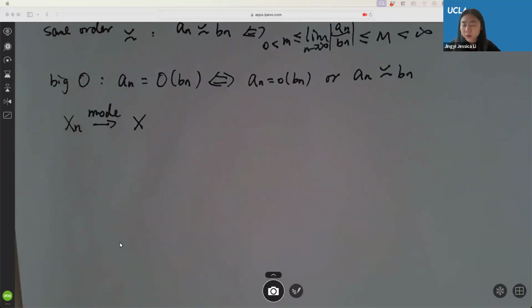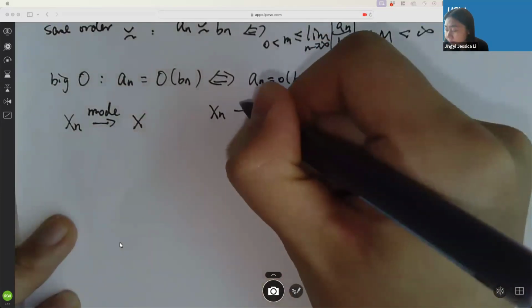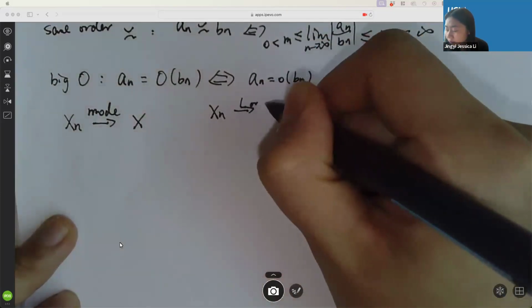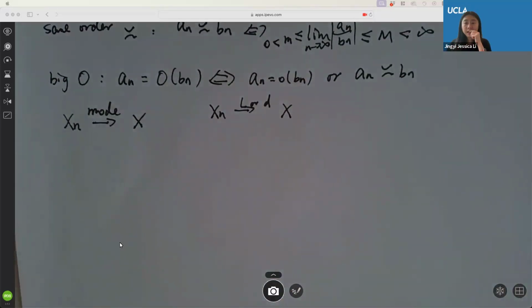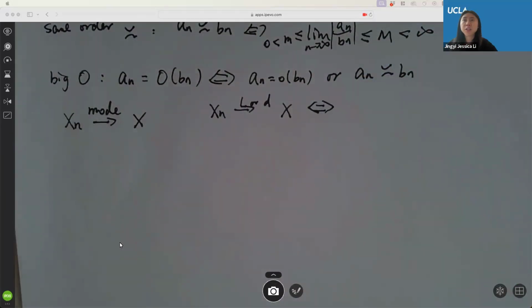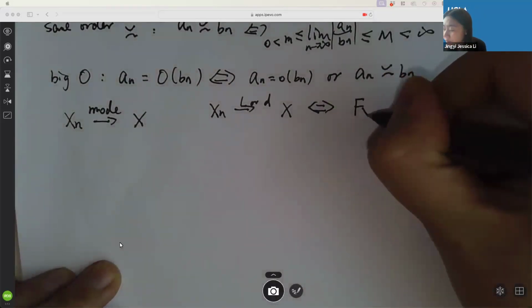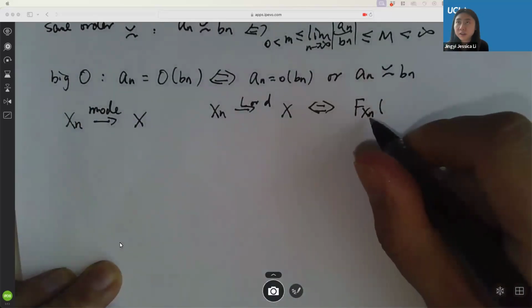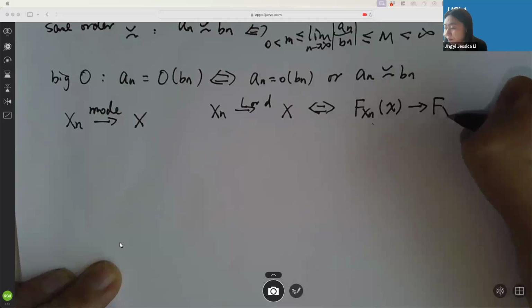And first of all, we have the convergence in law, or some people write convergence in distribution, L or D to X. So this just implies the convergence of the CDF function pointwise. So essentially we have F_Xn, the CDF function of Xn, at any value x converge to F_X, the CDF of X, at that value.